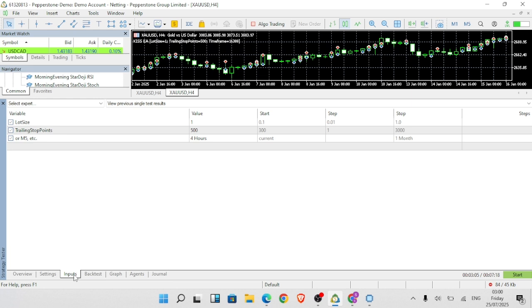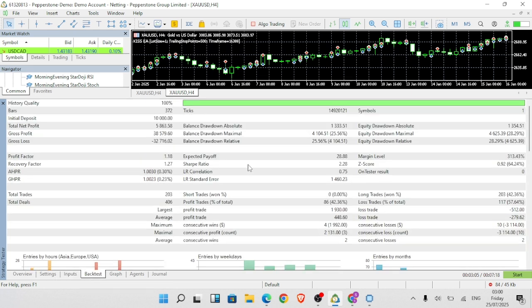We can have a short look at this. Now the important metrics to look at are the profit factor and recovery factor, and I also look at the Sharpe ratio.